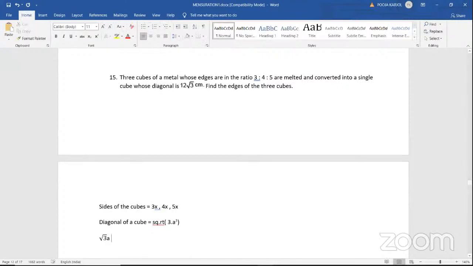So it is root 3 a, which is equal to 12 into root 3.